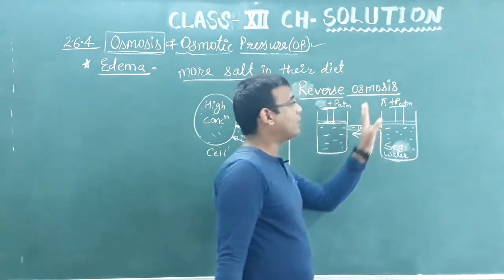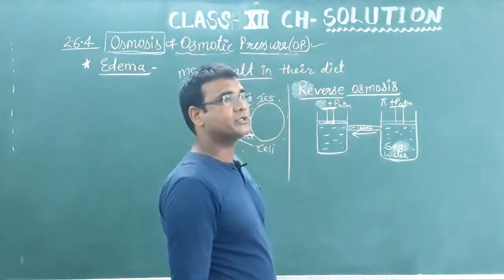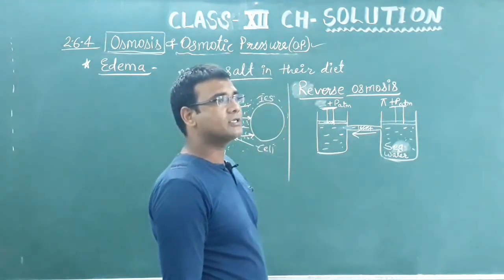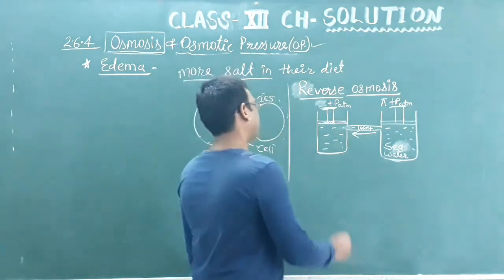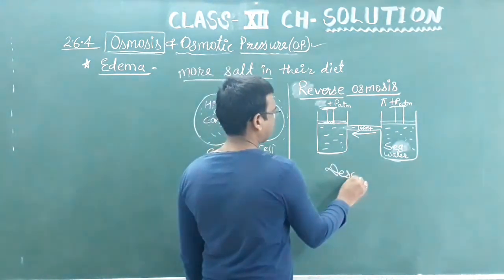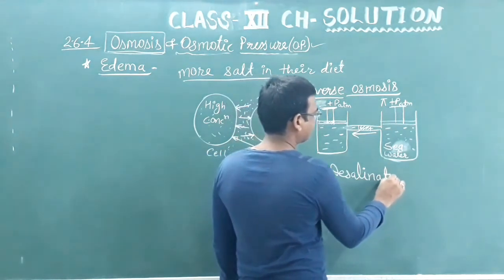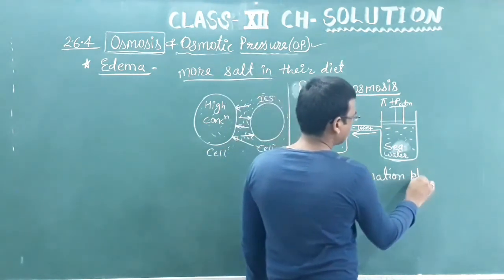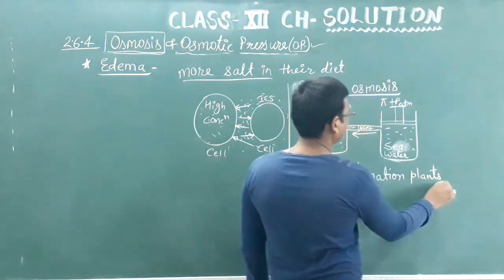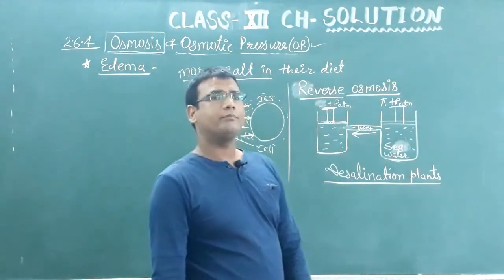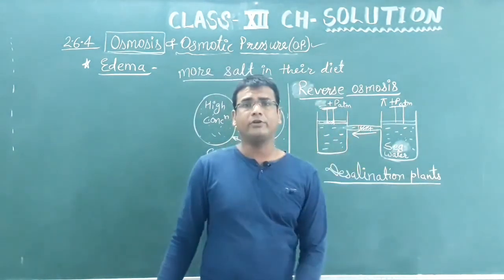This is called reverse osmosis, just opposite of osmosis, and it is a very important phenomenon as it is used in desalination plants. This is different from the plant that we know, the green plant.